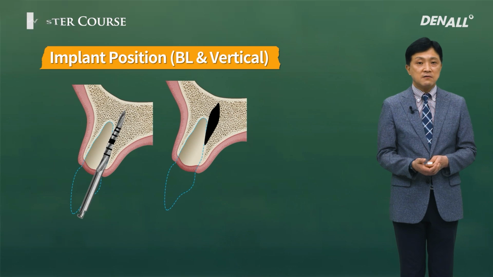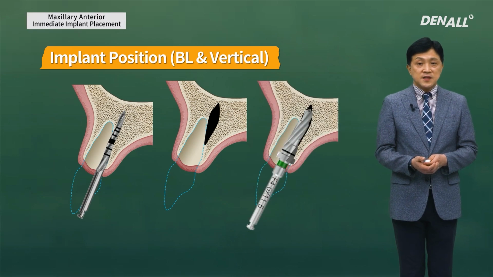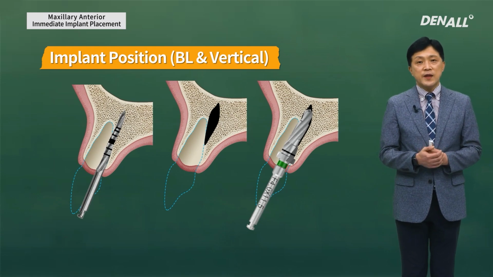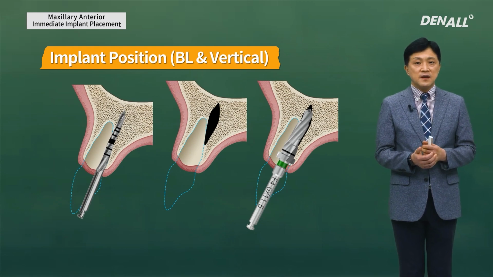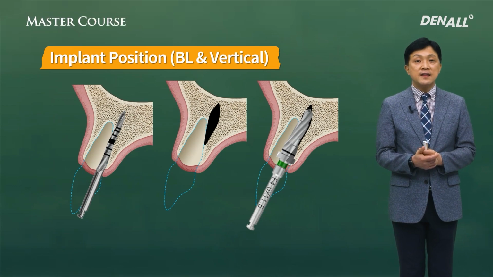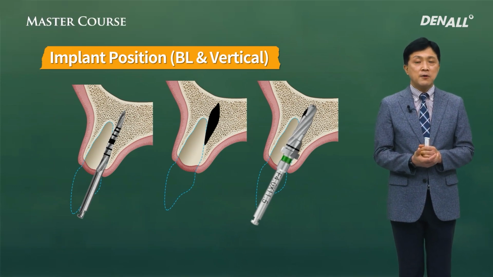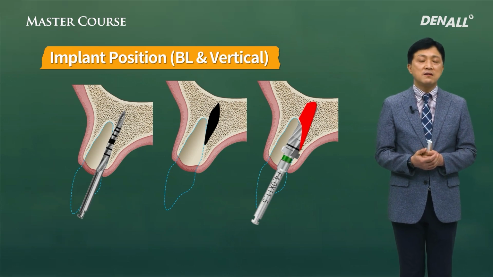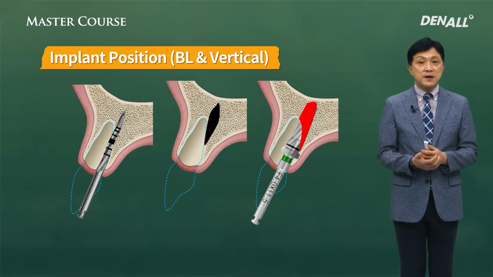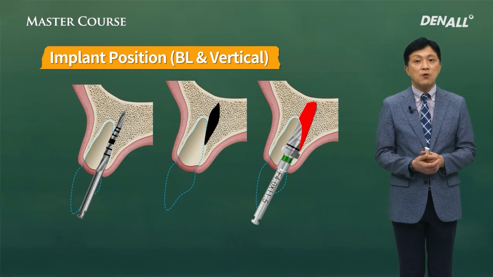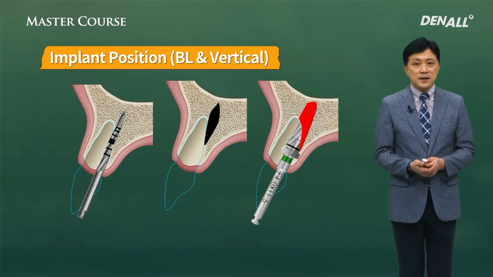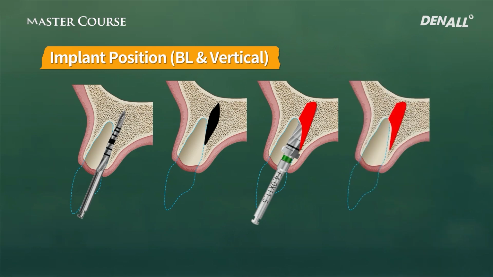After final drilling is done, we need to check inside the extraction socket whether the drilling hole invades the apex part. The drilling hole is pushed to the buccal side a little bit. If the apex remains intact, you can say drilling is properly done. So in the drilling hole created on the palatal side, you can place an implant palatally.